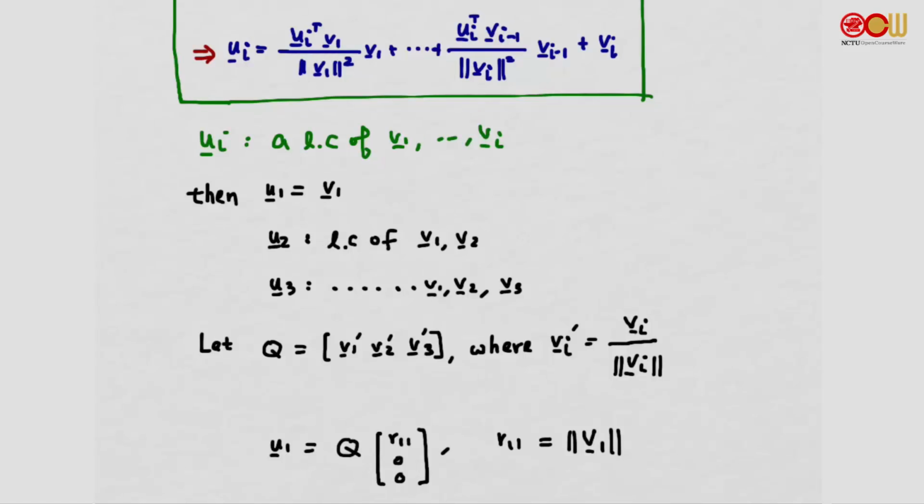Now let's normalize all these vi vectors and call them vi prime.